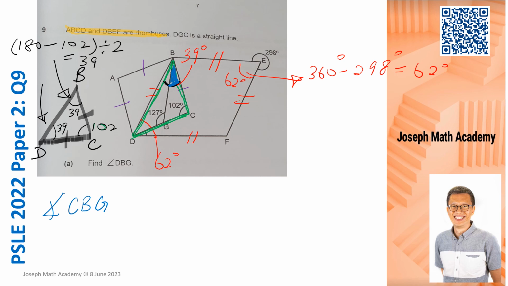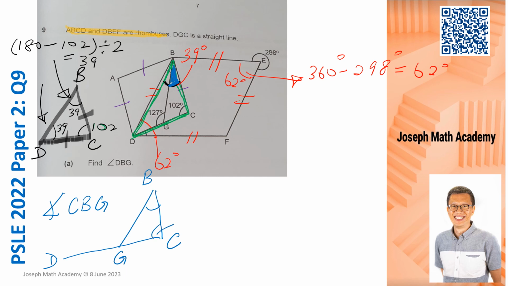In this diagram, it looks like this. So C, B, G, and this is our D. So this is the angle that we want.